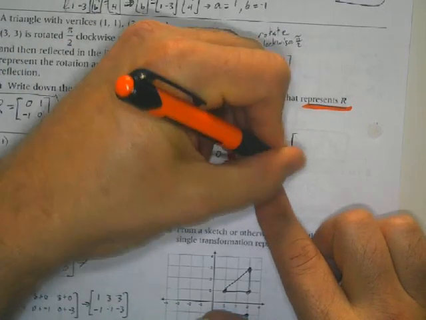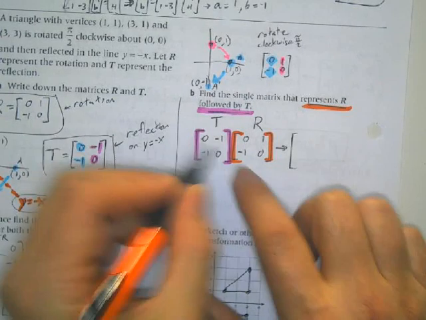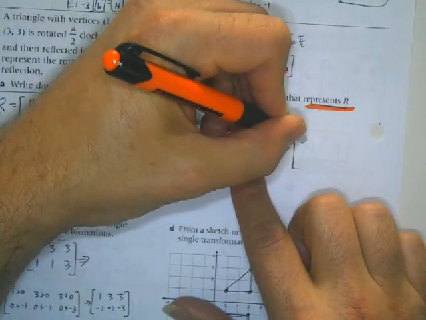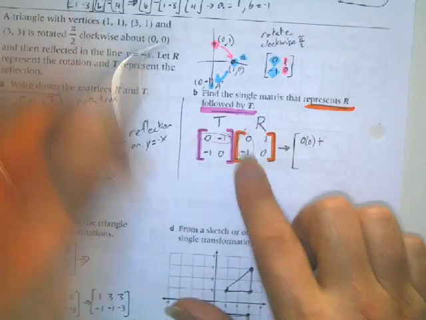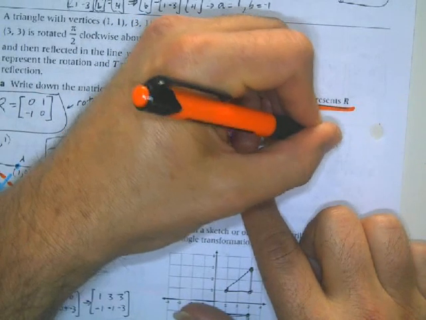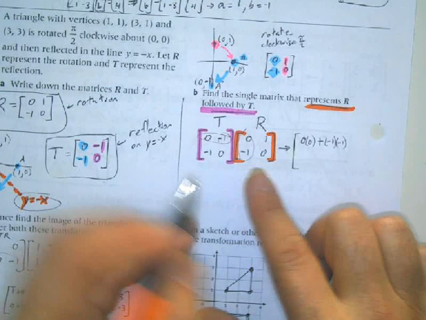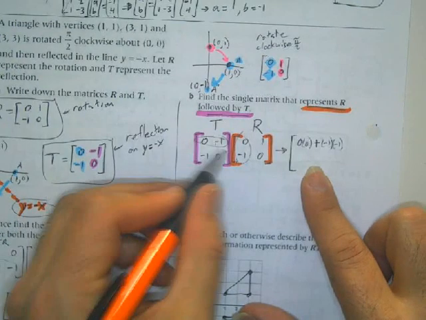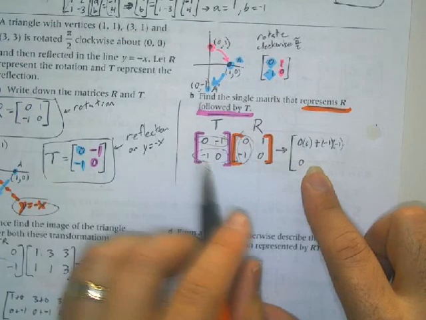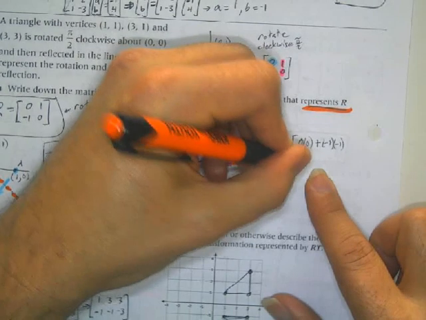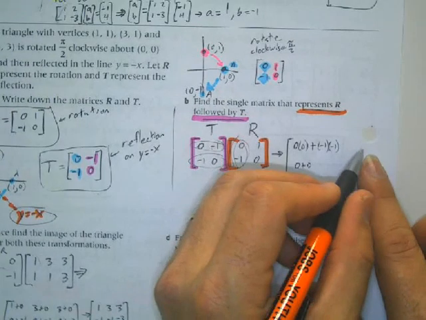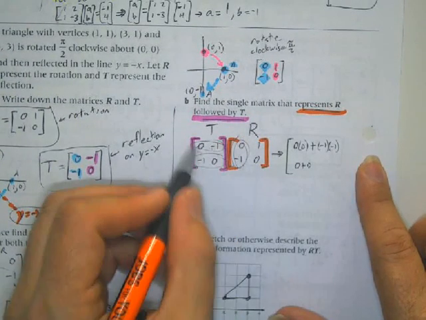I have 0, so I'm going to multiply this row times this column. So 0 times 0 plus -1 times 1 times -1. To get this 1 down below, it's -1 times 0, which is 0, and 0 times -1, which is also 0. Okay, so to get this next space right here, it's 0 times -1 plus 1 times 0.